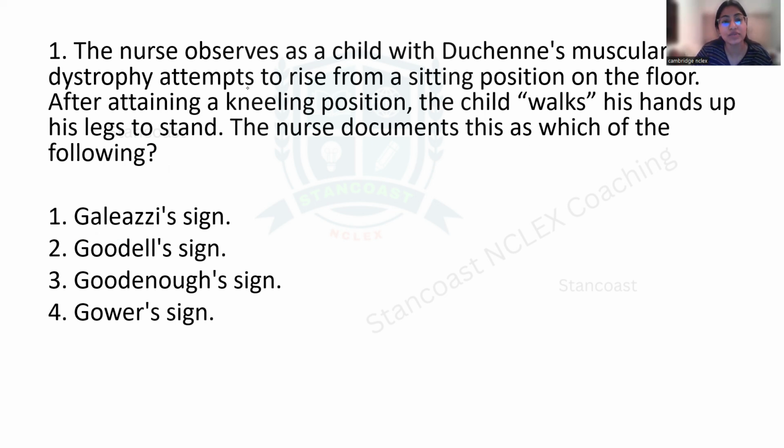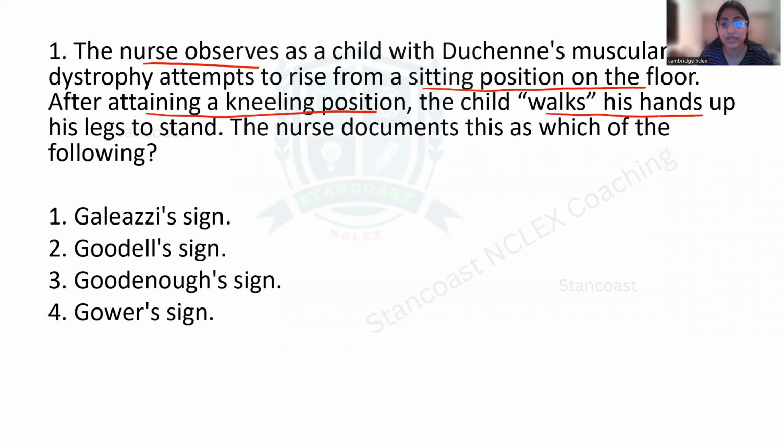So in this question, we have been given that a nurse observes a child who is trying to stand from a sitting position on the floor. After attaining a kneeling position, the child walks his hands up.